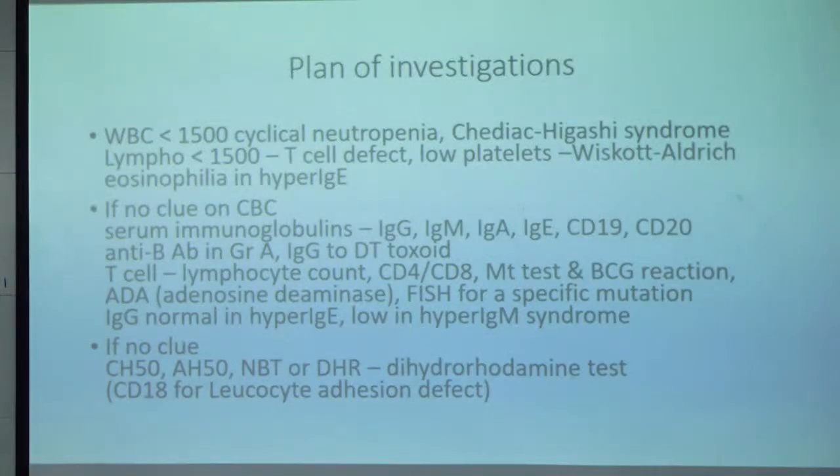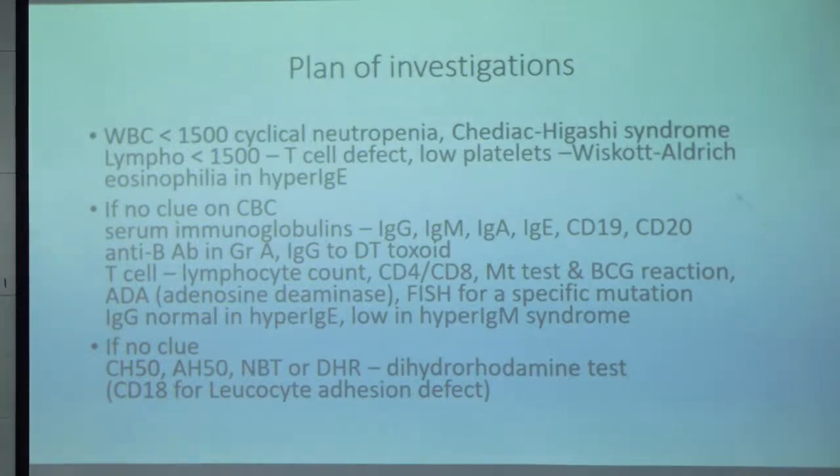And if there is no clue even after that, that means you have looked at CBC, B cell, T cell, then you are looking for complement. CH50 is a screening test, and you are looking also at NBT. NBT is now given up, and you have a better test, the DHR test, which has replaced the NBT test, and this of course you could do.